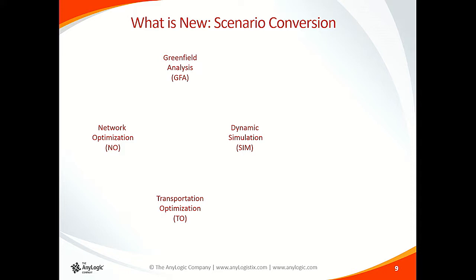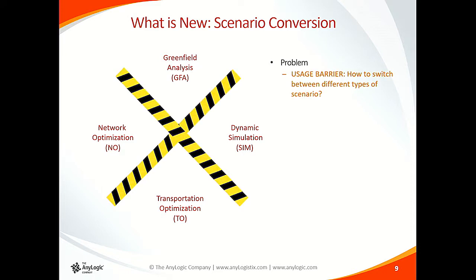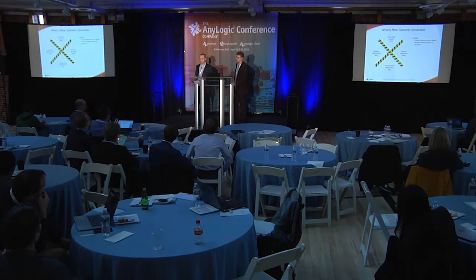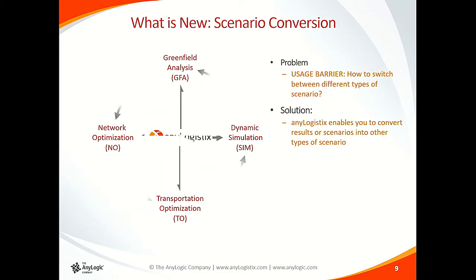The problem is that if you do the analysis with one approach and then you want to switch to another one, you actually have to populate all the data from scratch. That really created a significant usage barrier to use different kinds of approaches when you do the analysis. And with ALX, we solve that problem with this interconversion feature, which basically allows you to convert the scenario to any other type of scenario and then back if you want to.